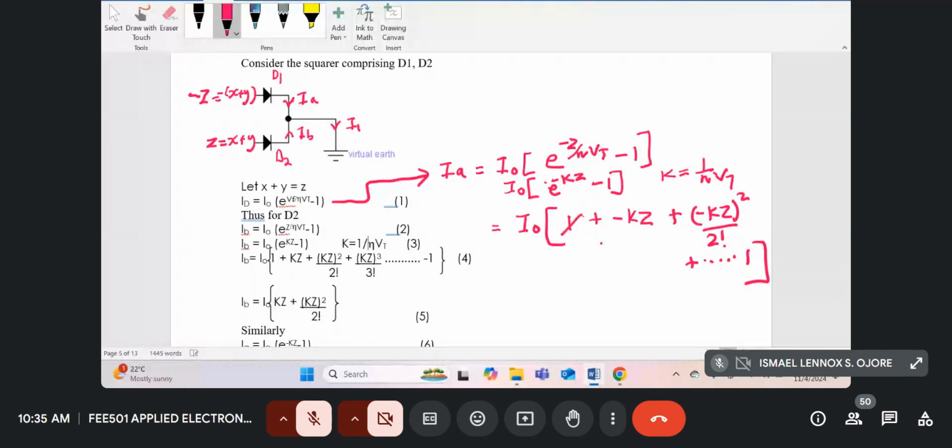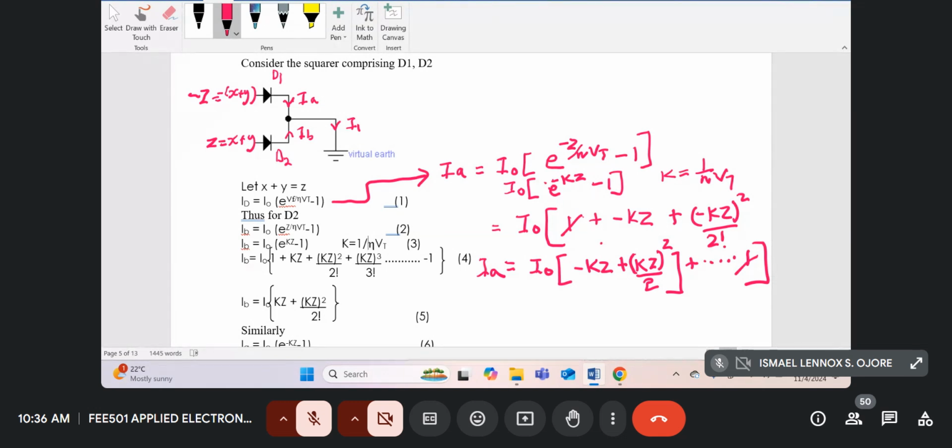So the 1s will cancel, and I'll remain with I naught into bracket minus kz plus minus kz squared divided by 2 factorial. So this minus kz squared is just positive. 2 factorial is just 2. So this is your I_A.